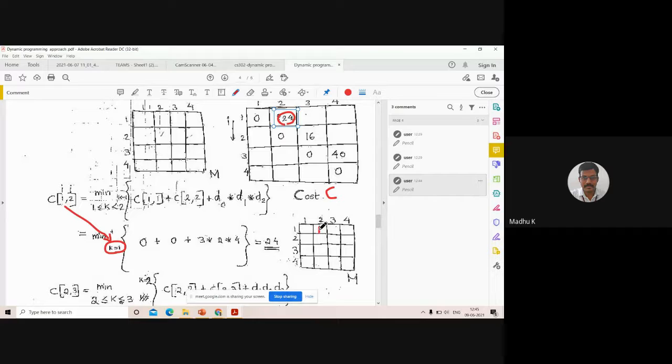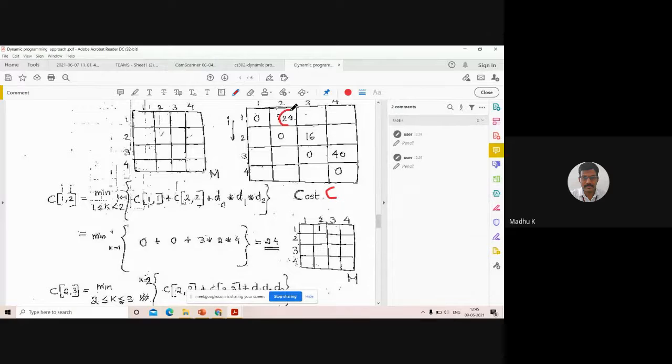Next, we will try to calculate the value of this. You can note the order, we are calculating in this way. C of 1, 2, and next we are calculating this one. Try to understand that concept.